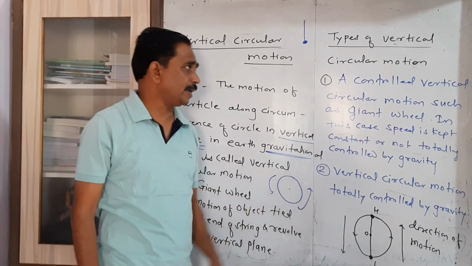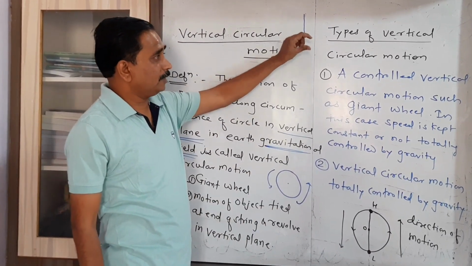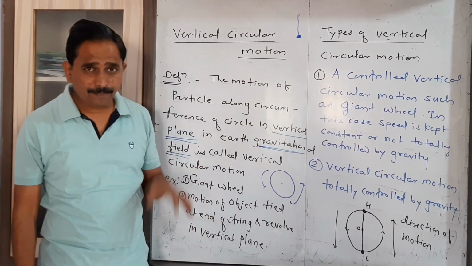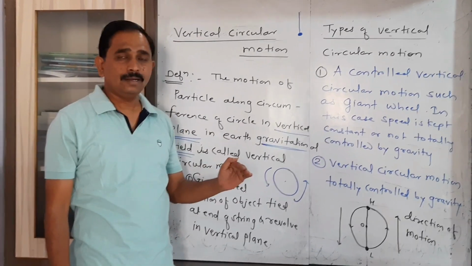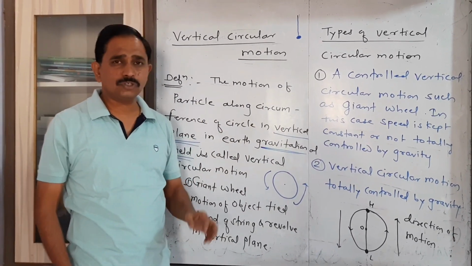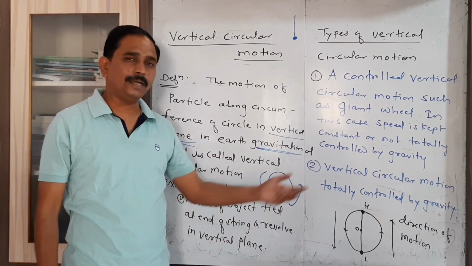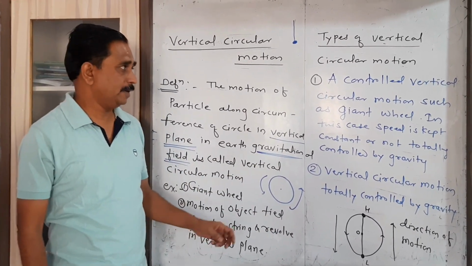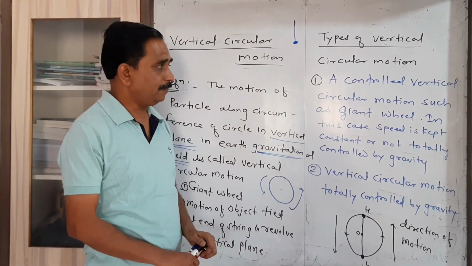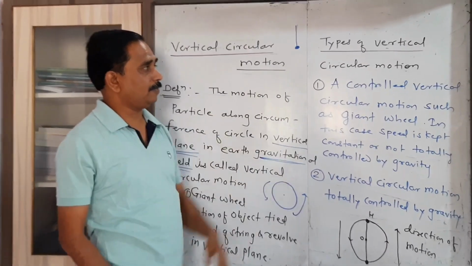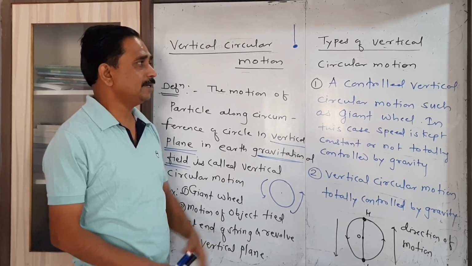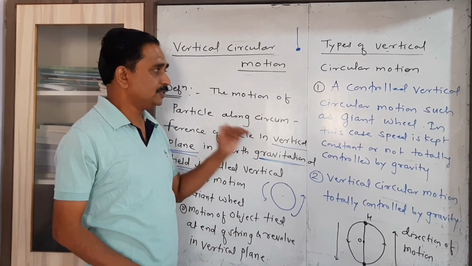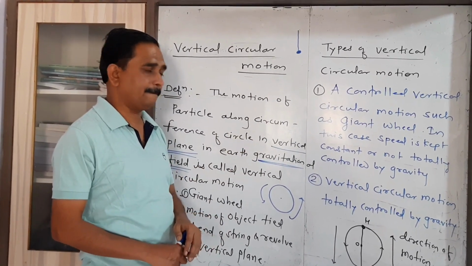Now in our new textbook, vertical circular motion is classified into two categories depending upon whether that vertical circular motion is totally controlled by the gravity or not controlled by the gravity. So here I write the two examples. That is, the first type of vertical circular motion is the controlled vertical circular motion, such as the giant wheel.